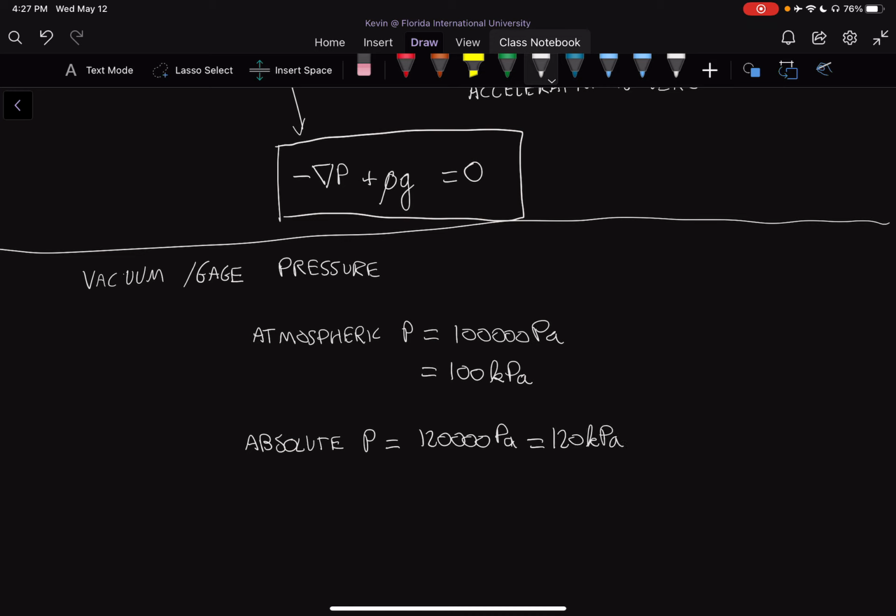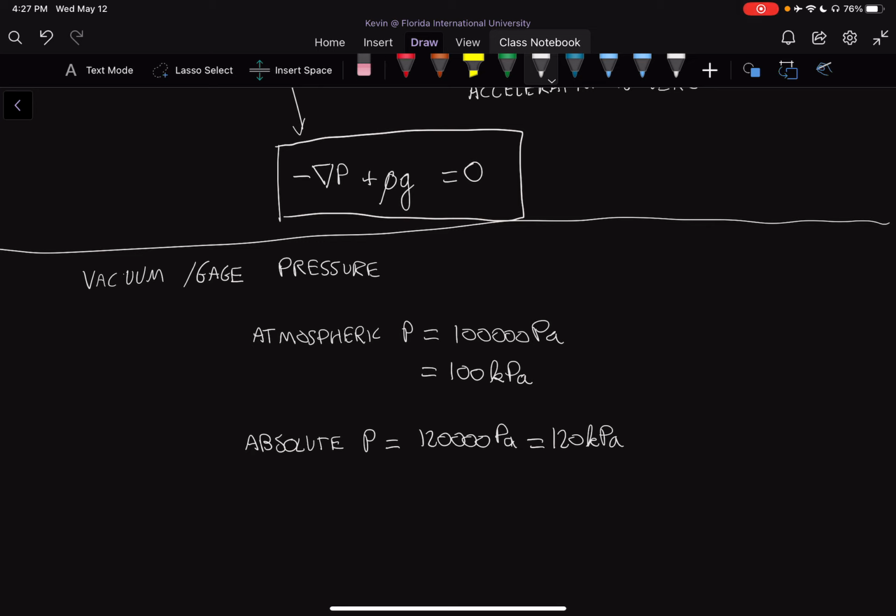Now, how do we measure this absolute pressure? How do we actually measure the pressure in the atmosphere related to our typical atmospheric pressure? Well, what we do is we measure the difference between a pressure perceived versus the atmospheric pressure.